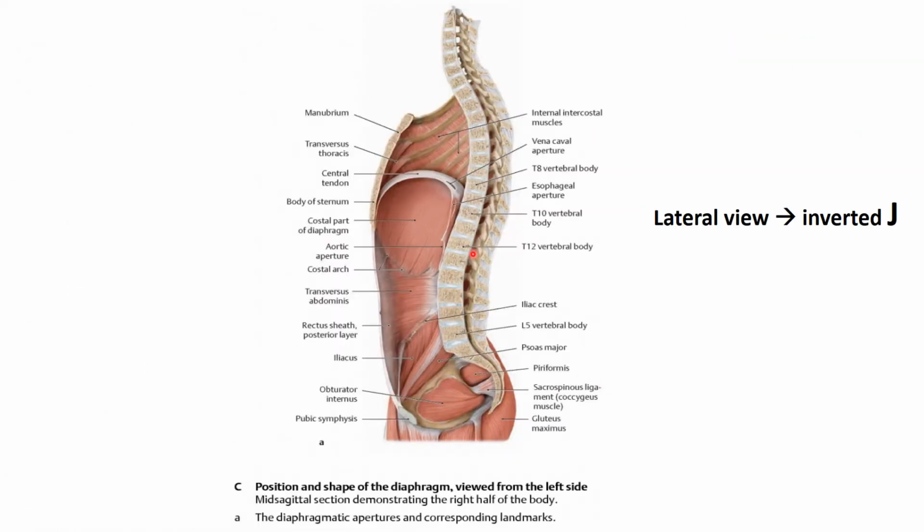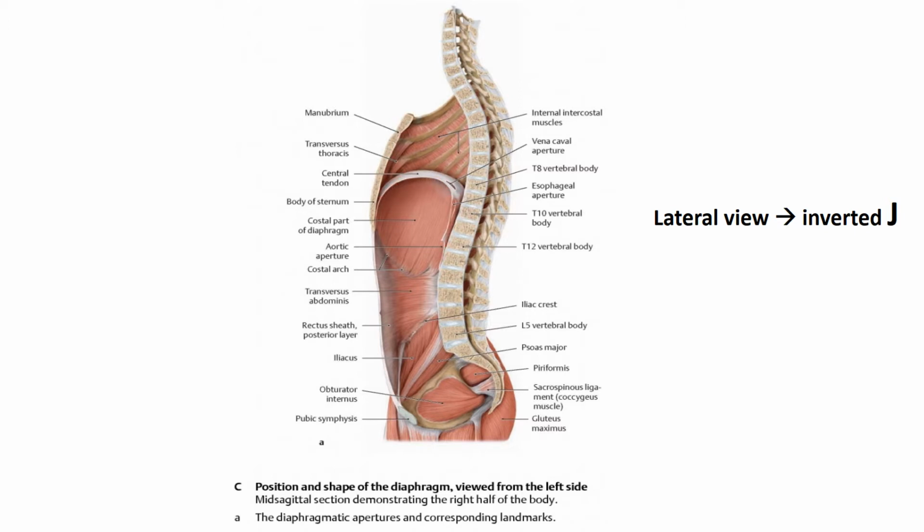Now viewed from the lateral view, as seen in this mid-sagittal section, the profile of the diaphragm is of an inverted J, with a short limb which is attached to the xiphoid process situated at the T8 vertebra, and a long limb posteriorly corresponding to the crura, which is attached to the upper lumbar vertebra.